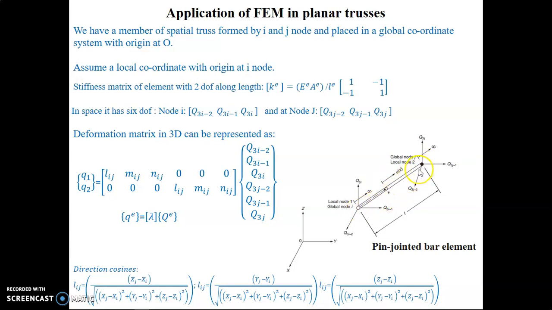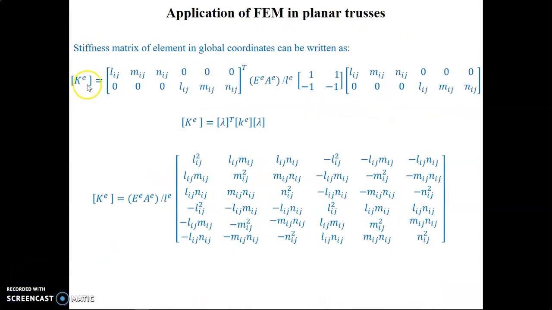How to get the stiffness matrix? We will explain how to get the global stiffness matrix from the local stiffness matrix. Again, we will be using this mapping matrix. The global stiffness matrix for a particular element can be obtained by first multiplying the transpose of the mapping matrix with the local stiffness matrix, and then multiplying it again with the mapping matrix.